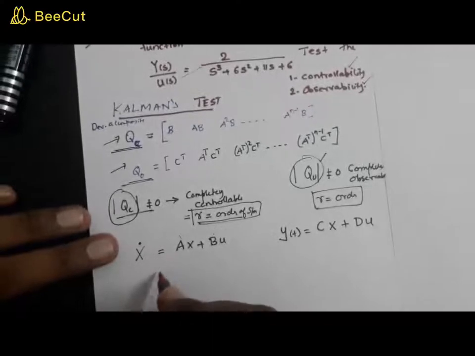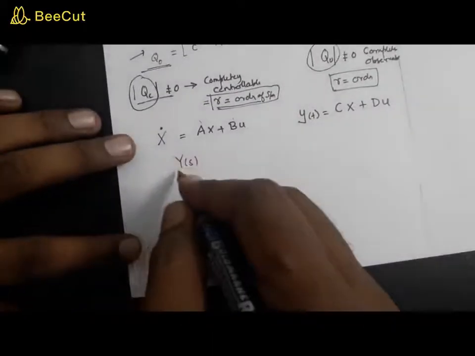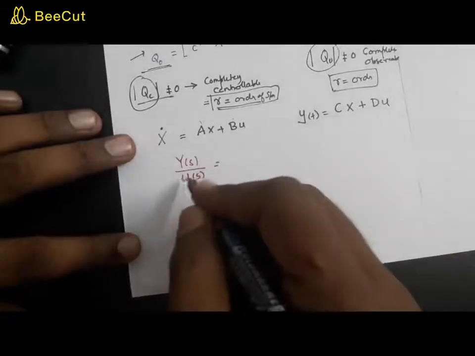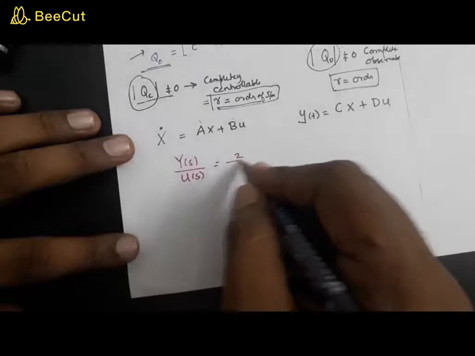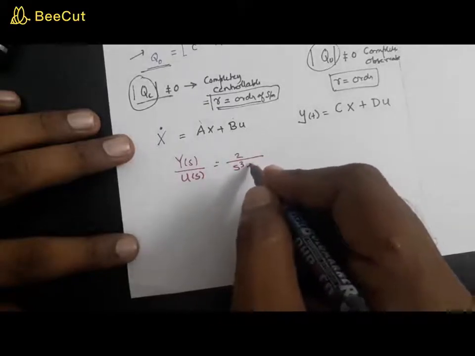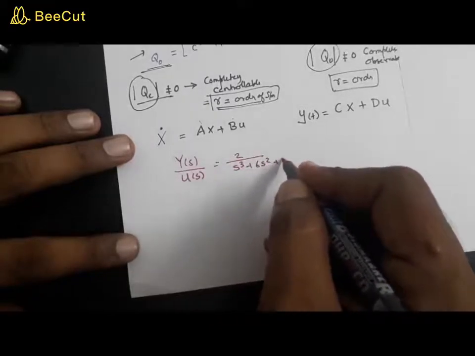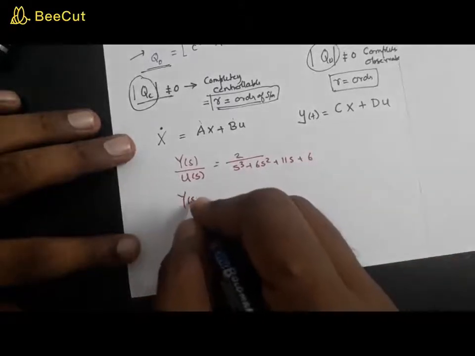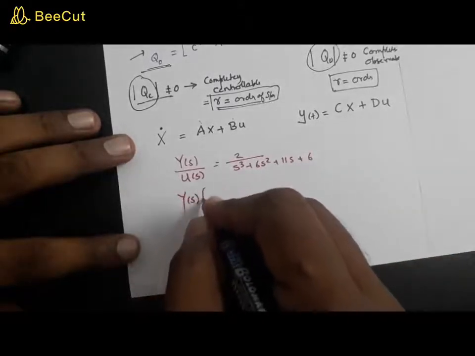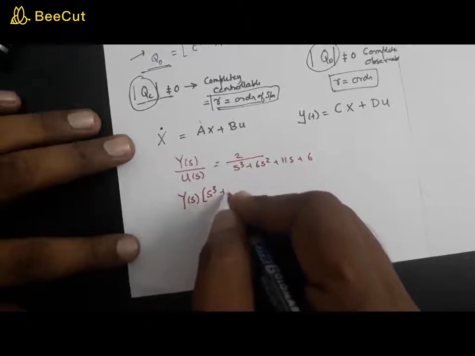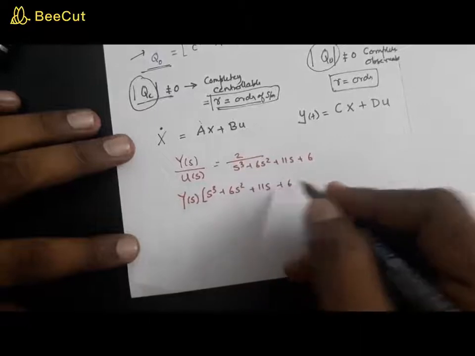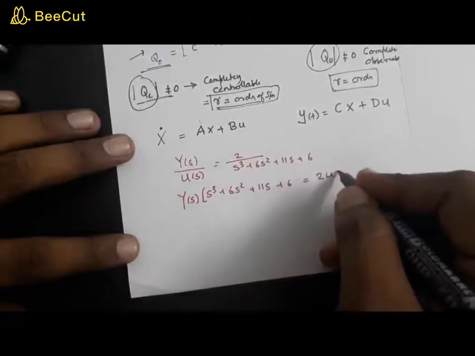So you can say that y of s divided by u of s is equal to 2 divided by s cube plus 6s square plus 11s plus 6. Or you can call this y of s into (s cube plus 6s square plus 11s plus 6) is equal to 2 into u of s.